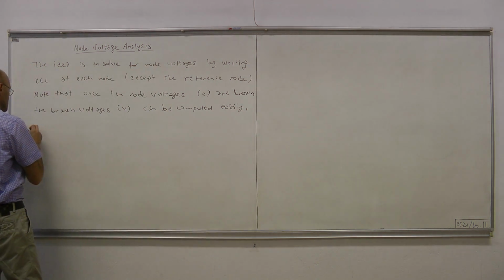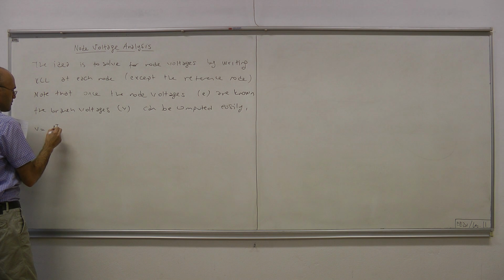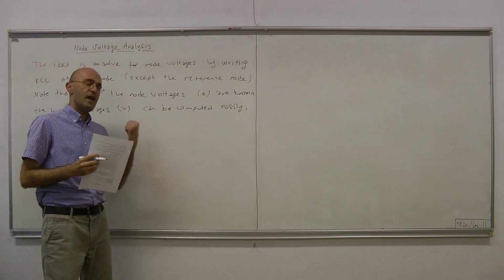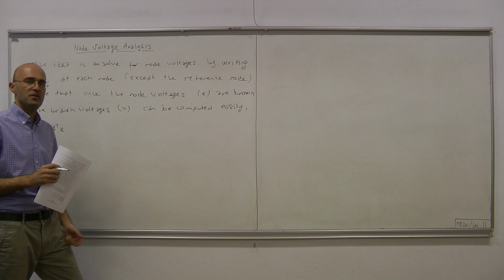Remember the relation V equals A transpose times E, where A was our reduced incidence matrix.